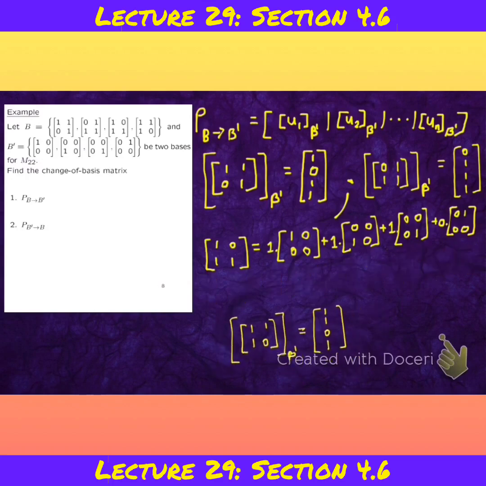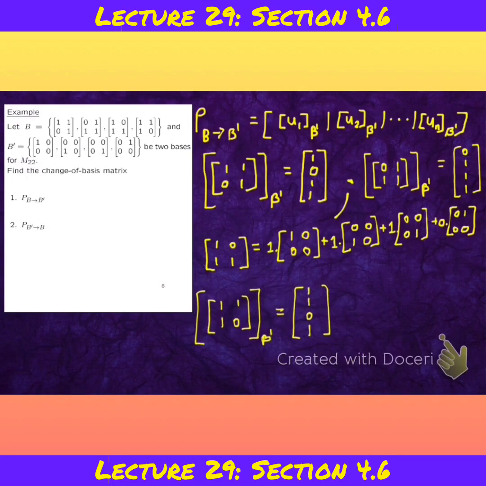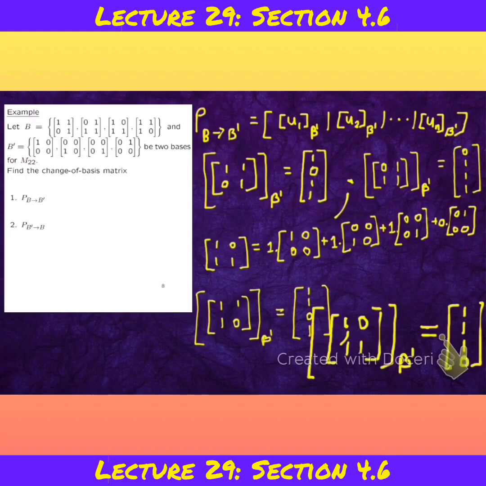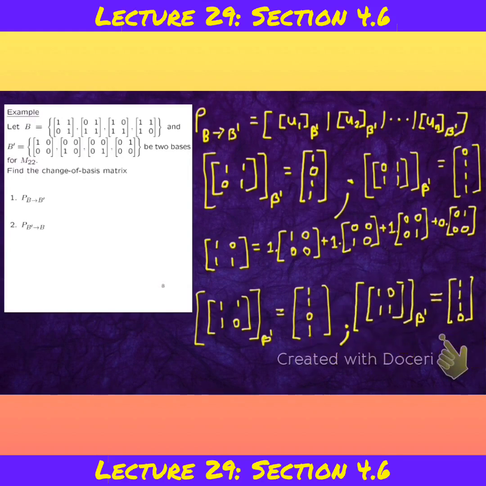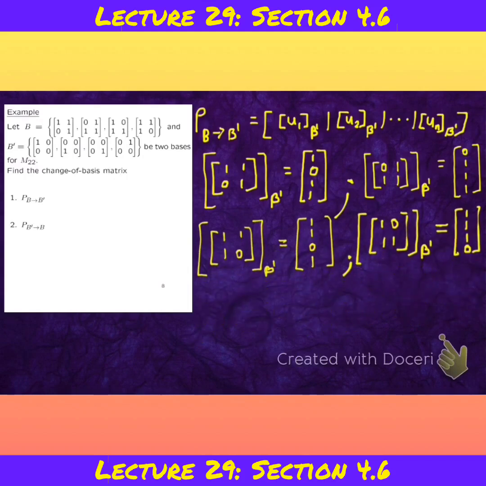Okay, so doing the next one, we get, reading off the values, the coordinate vector with respect to the basis B prime, that column vector. Right, now throwing all of that together, we get, there we go.